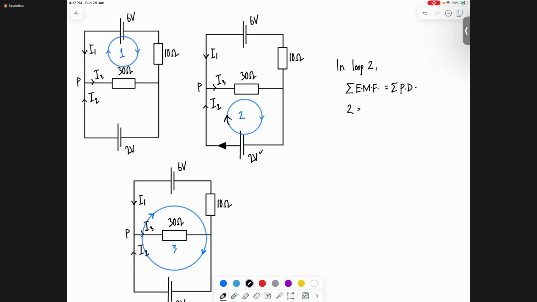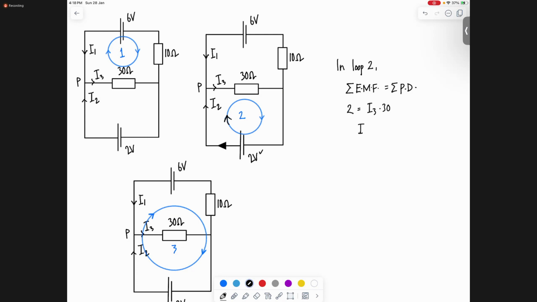What's the potential difference here? So if I follow the loop direction, does the loop direction and the current I3 provided by them have the same direction? Yes. So my current will be positive or negative? Positive, right? If my loop were drawn this way and the current they have labeled the other way, what would I take? Minus, right? So in this case, this is going to be I3 times 30.